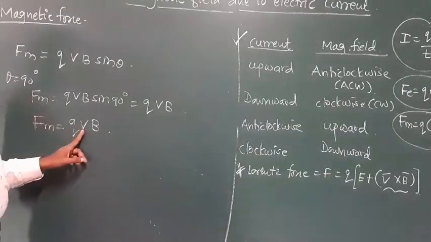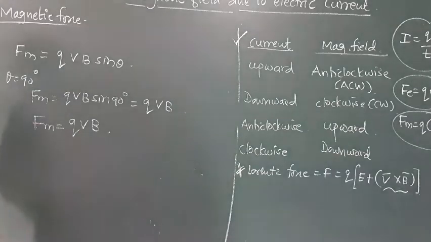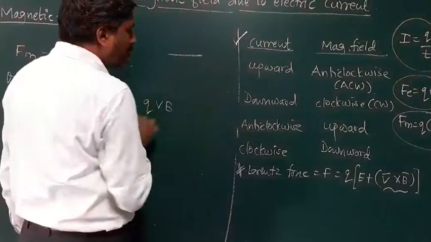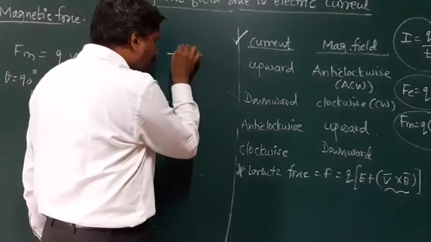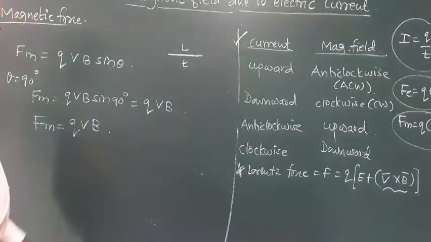Coming to this point, what is v? v is velocity. How do you calculate the velocity? Velocity is nothing but displacement upon time. Just say the moving electrons cover a distance L per unit time. That is my velocity.